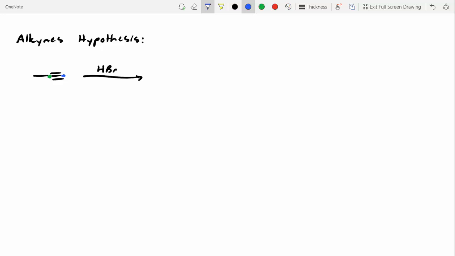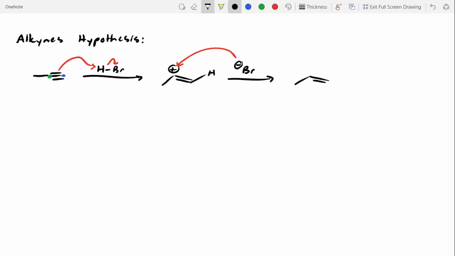Green carbon. So our gut instinct for these reactions would be to do something similar to what we saw last chapter, where this pi bond could grab a proton, kick off our bromine, give us our proton off of the end and form a carbocation there. And we would hypothesize that this bromine would then add into the carbocation in the Markovnikov position.